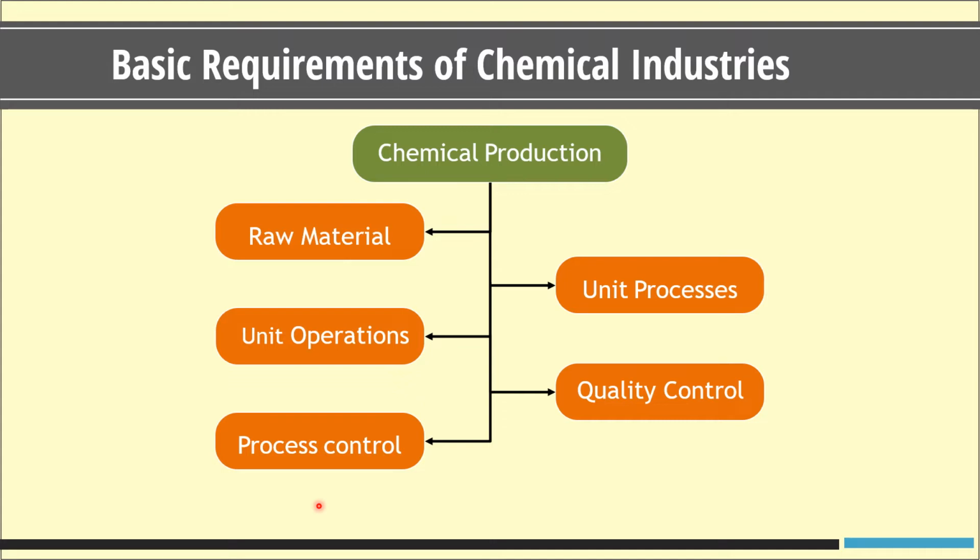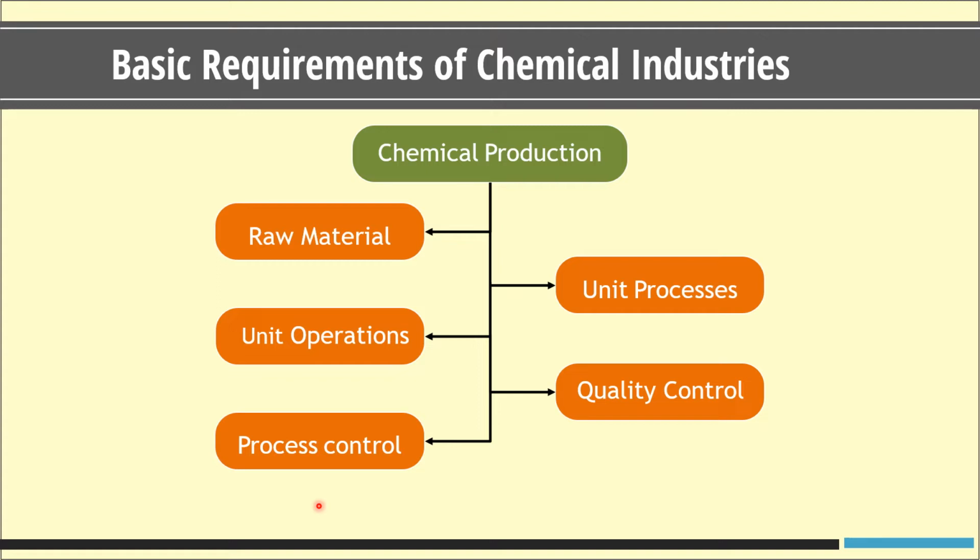So that involves control of temperature, control of pressure, control of rate of flow of reactant or chemical. So these are called the process control. Heat should not be released too much. It should not become too short. So this type of controls are required.